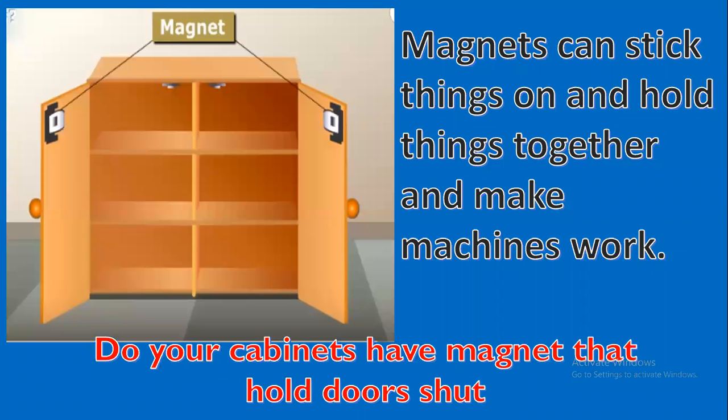Magnets can stick things on and hold things together and make machines work. Do your cabinets have magnets that hold doors shut? Yes. This means that magnets can stick things. Magnets have an attraction to stick things on and hold things together so that machines can work.